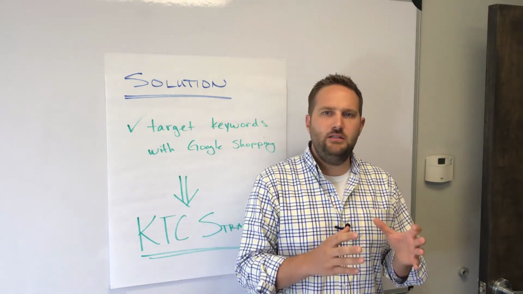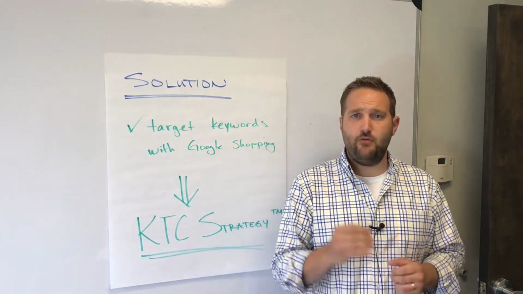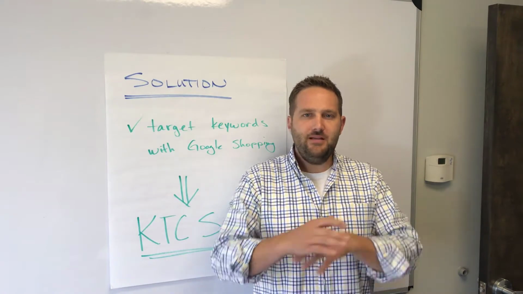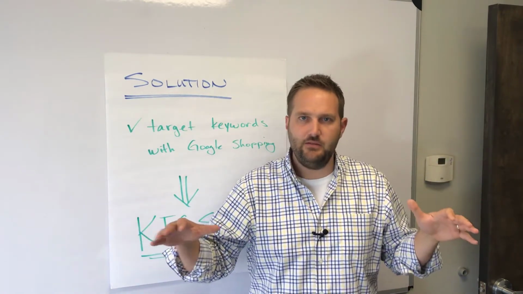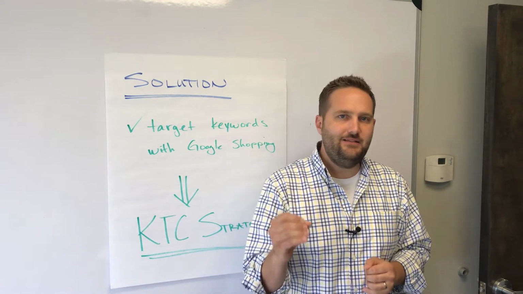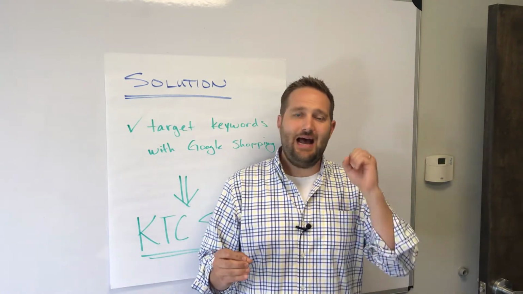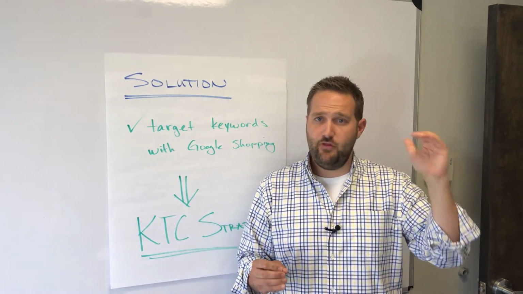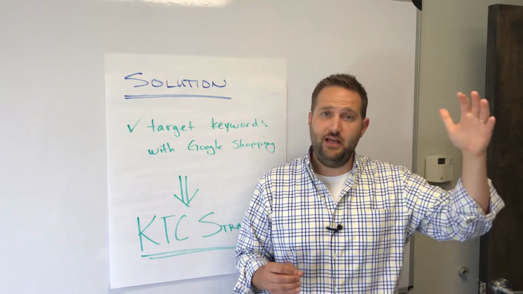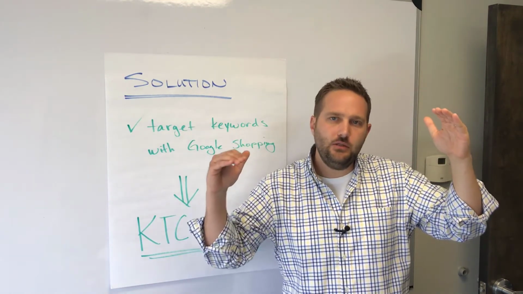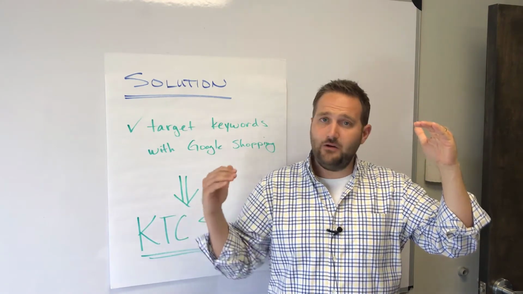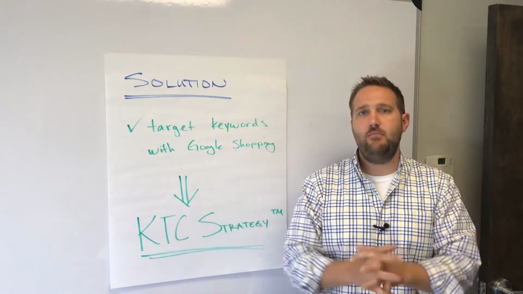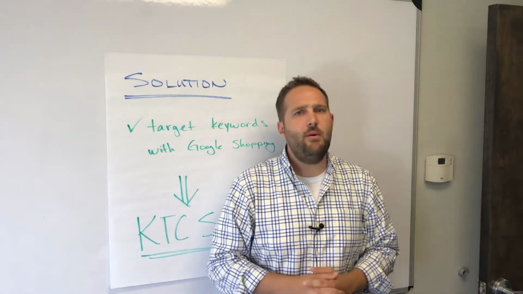They were struggling to get top ad positions for their best keywords because they were bidding the same on all the keywords, good keywords and bad keywords, right? Our KTC strategy allows us to get top of page ad positions for their best keywords, which increase sales, but we also lower the ad spend on their lower quality words while growing sales, okay? Significant boost in profit.